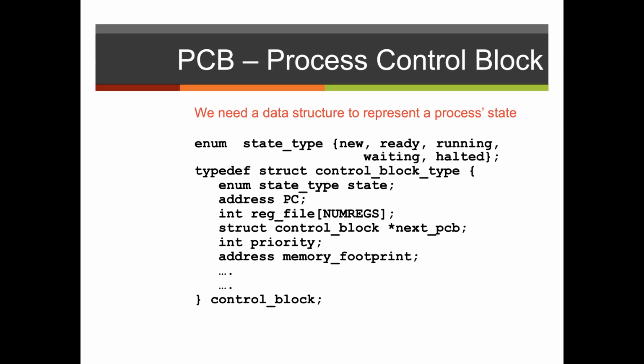And so we have appropriate mechanisms that can be put in place that can account for each of these components to represent the state of the process. And that is what is used in order to schedule the process for execution on the processor.